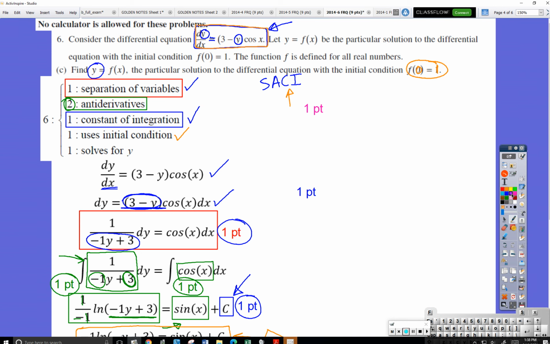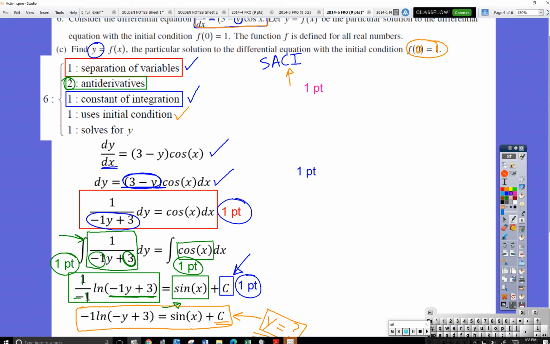Take my equation, which was, let's see, pull that down a little. Move these out of the way. So my equation is negative natural log, I should have absolute value there. That's a mistake.